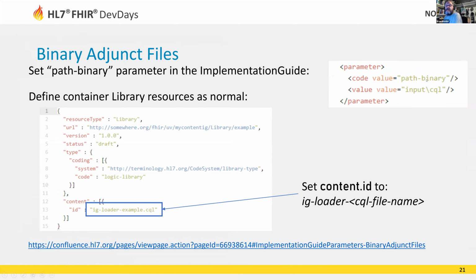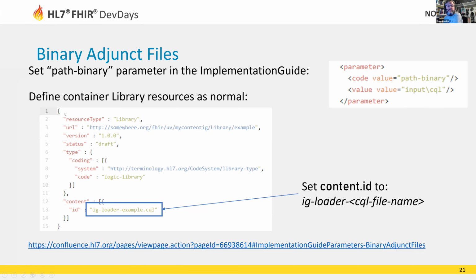This path binary parameter is a directory in your implementation guide source that contains CQL files. What the publisher will do is go through and translate all those CQL files to ELM using the CQL to ELM translator.